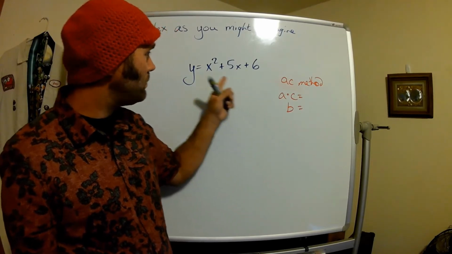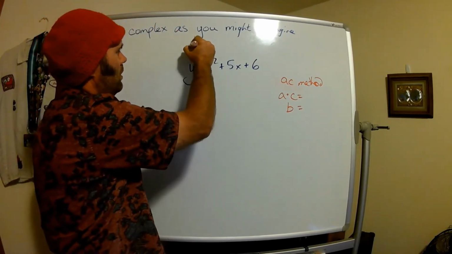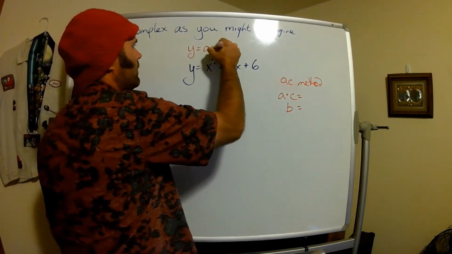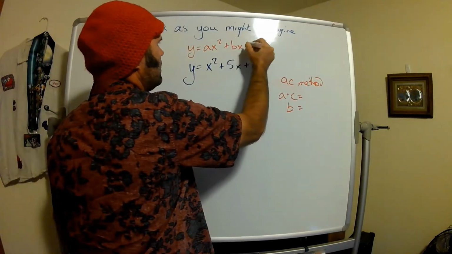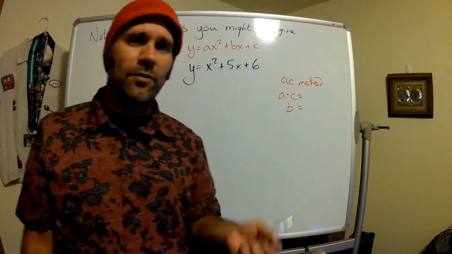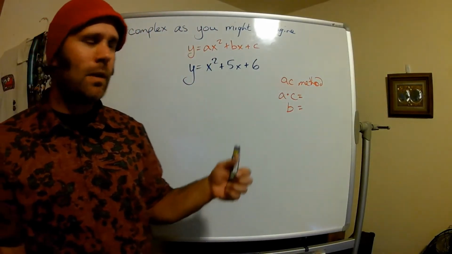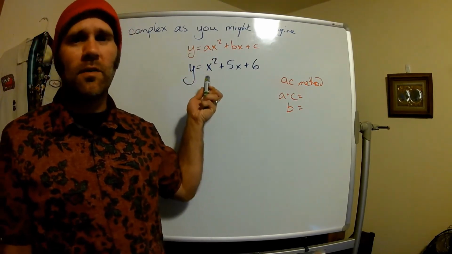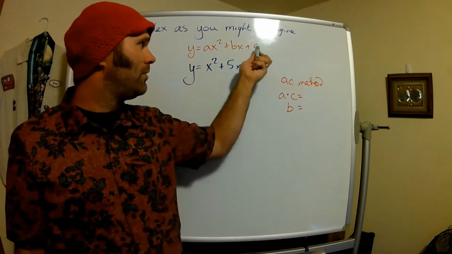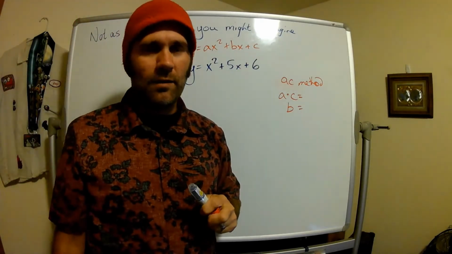If you think about it, all quadratics could be written in the form ax squared plus bx plus c. A is just the number in front of x squared, b is the number in front of x, and c is the number that has no x in front of it.